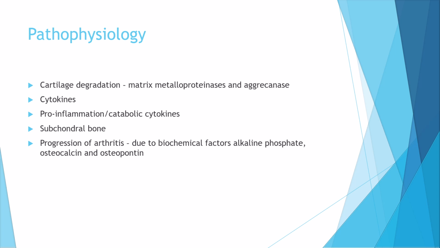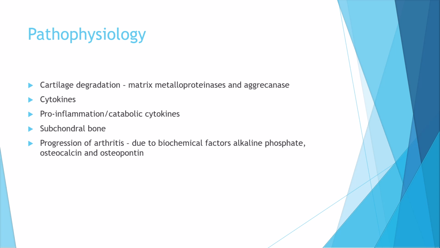Next, we have the pro-inflammatory catabolic cytokines. Interleukin and tumor necrosis factor are pivotal in the process of progression of osteoarthritis. These catabolic cytokines stimulate chondrocytes to degrade the surrounding cartilage matrix.